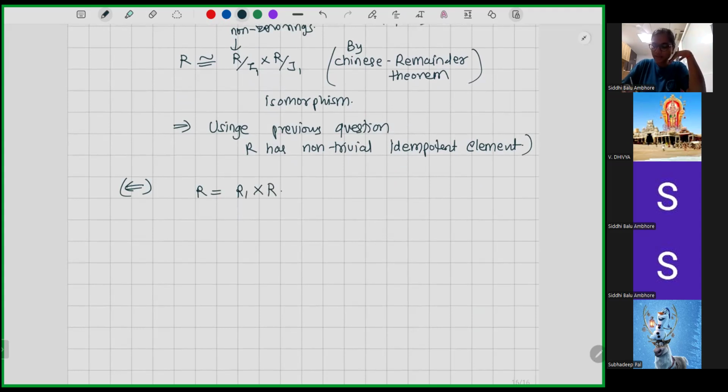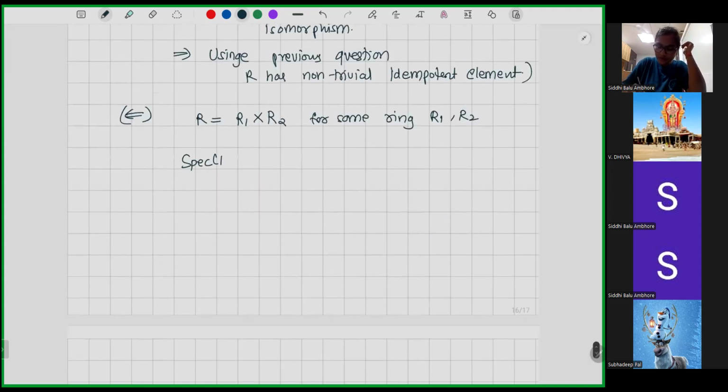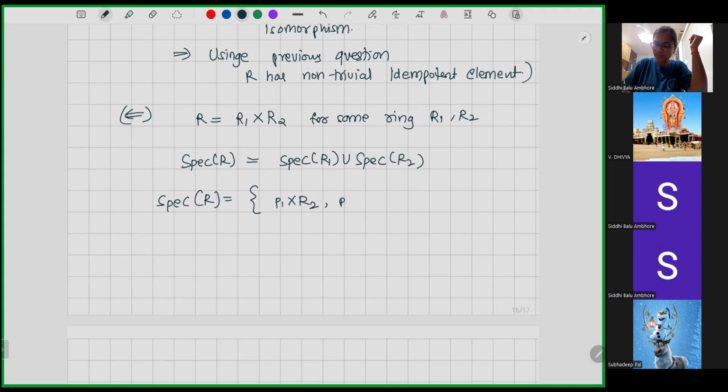It implies R is R1 cross R2 for some rings R1, R2, and then Spec of R is Spec of R1 union Spec of R2, because Spec of R is in fact of the form P1 cross R2 and R1 cross P2, where P1 belongs to Spec R1 and P2 belongs to Spec R2.